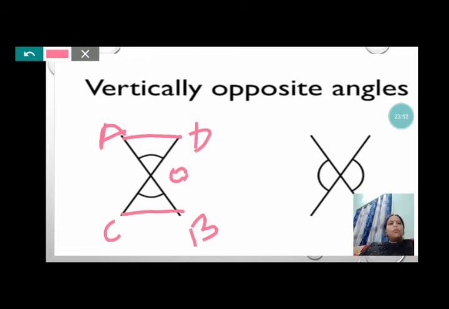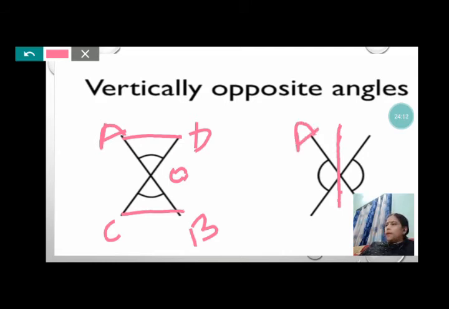Now one more. Suppose here, what do we find? How many pairs of vertically opposite angles can we make from this?